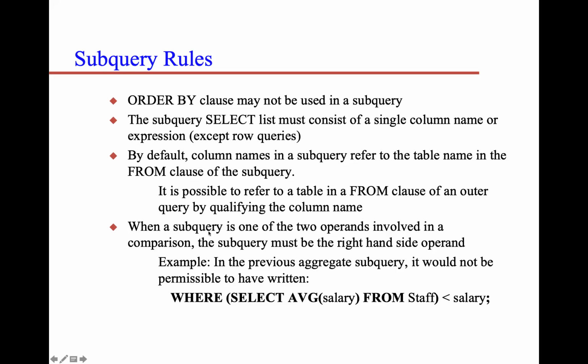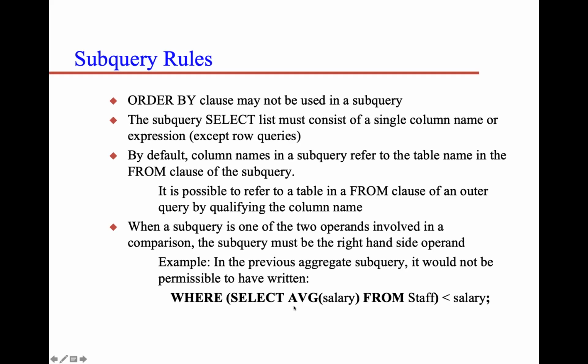Okay. And finally, when a scalar subquery, so this is really just referring to a scalar subquery because row subqueries can't be used in a where clause. But when you're doing a comparison, and really the only time you can do a comparison is with a scalar, then the subquery must be the right-hand side.